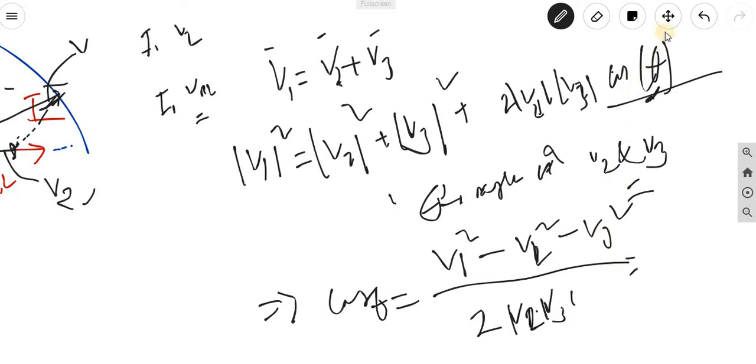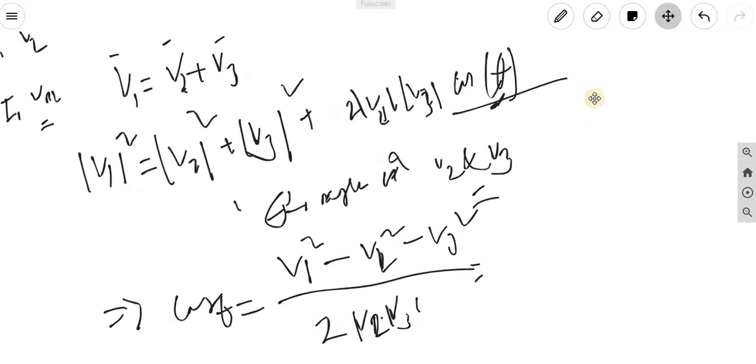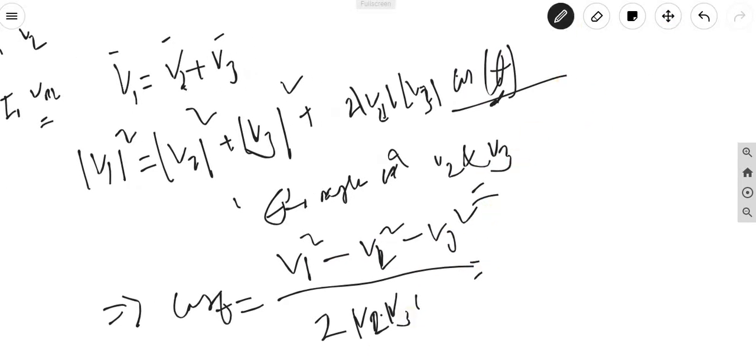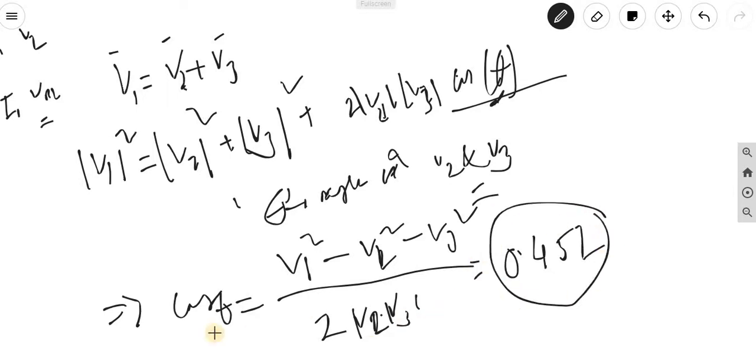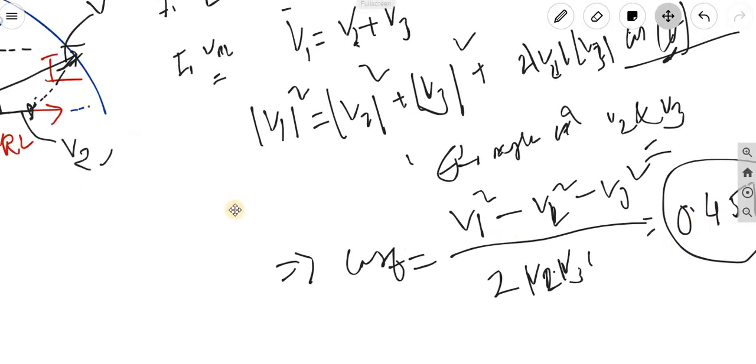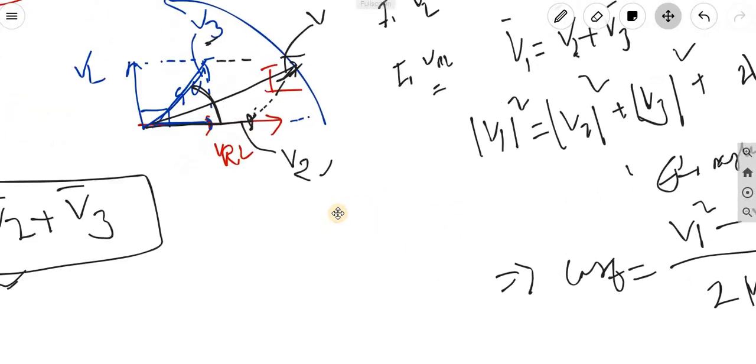If we put in all the terms, then simply we get cos theta as 0.45. So that is the angle between V2 and V3.